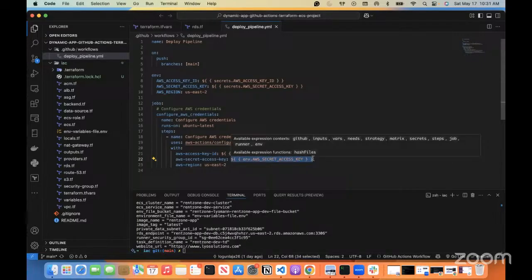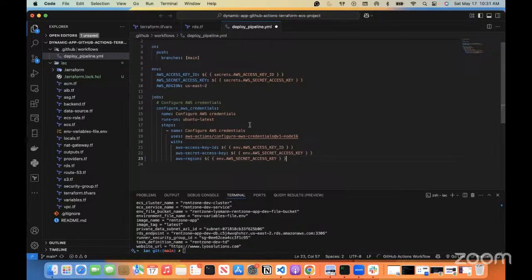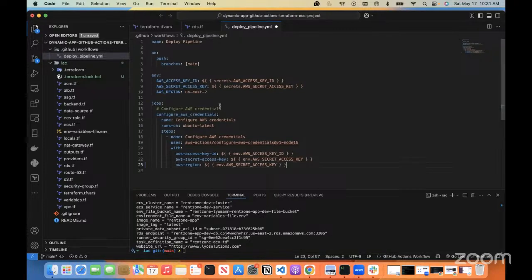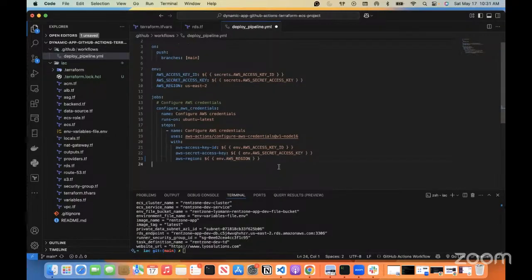So like this. Control C. Line 8. Yeah, so change that to AWS region, line 23. So region name, correct? Yeah. All right. Your bracket, there isn't a space there.